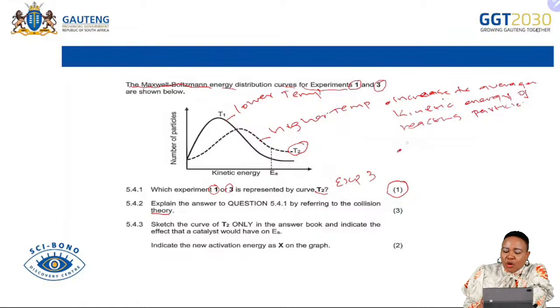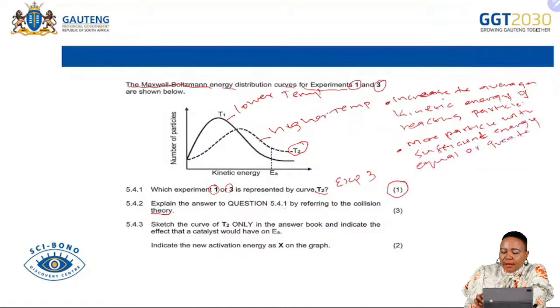Number 2, there will be more particles with sufficient energy, which is our kinetic energy, of course, energy equal to or greater than activation energy.